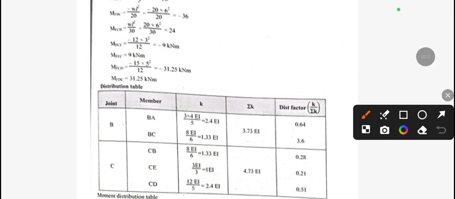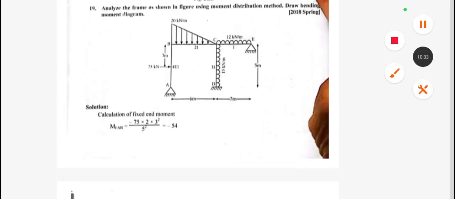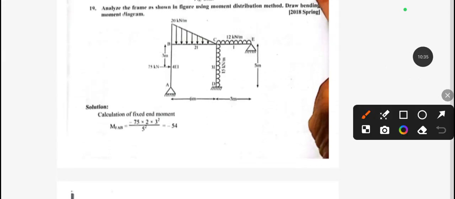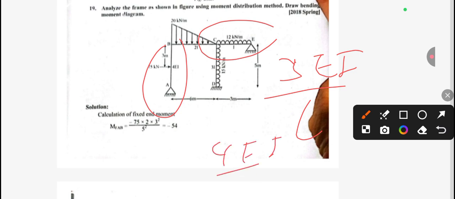Okay, so in summary, you can see here in this figure we need to take only 2 times 3 EI by L, because B to A and C to E, because we have 2 hinge supports, that's why we need to take 3 EI by L. And in all the remaining cases we need to take 4 EI by L. Simple, very simple.